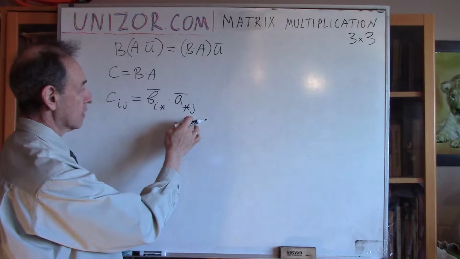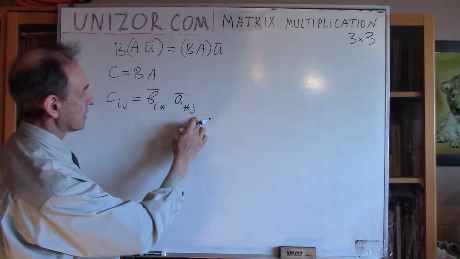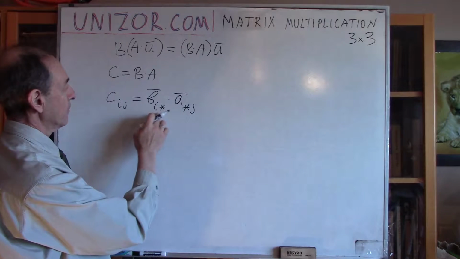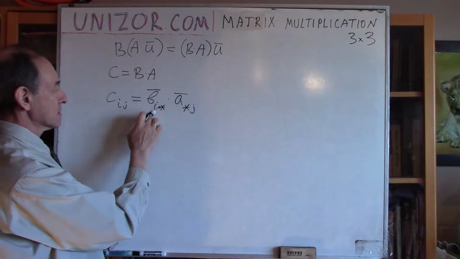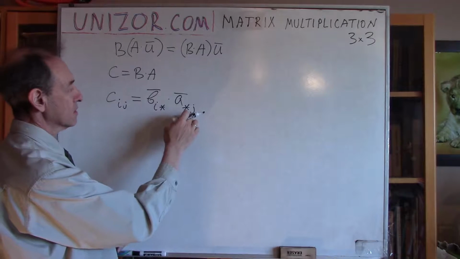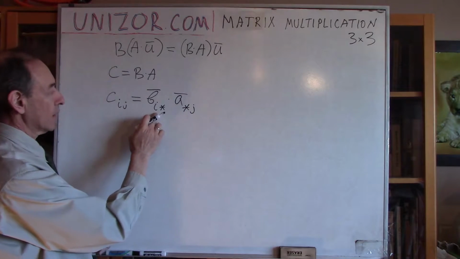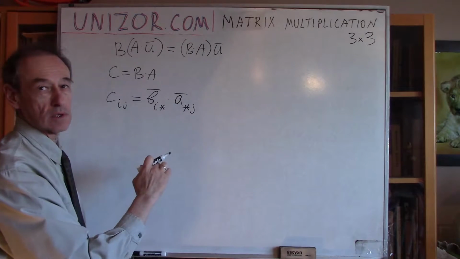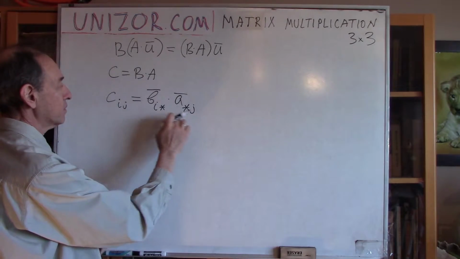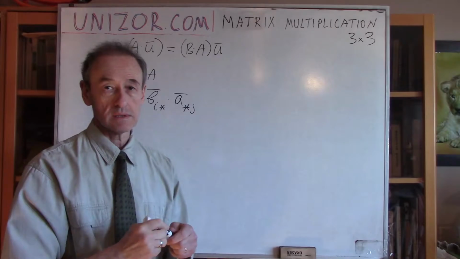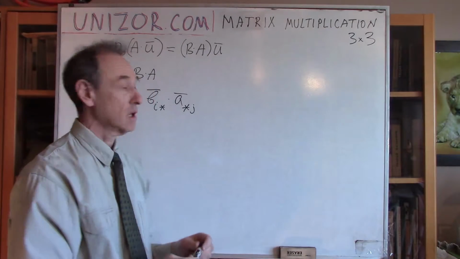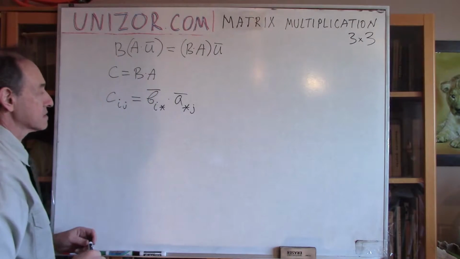The j is in the second place, and the i is in the first place, so this is the row and this is the column. So it's all elements along the j's column and all elements along the i's row, and you multiply them as a scalar product of 2 vectors. So that would be the result of this.